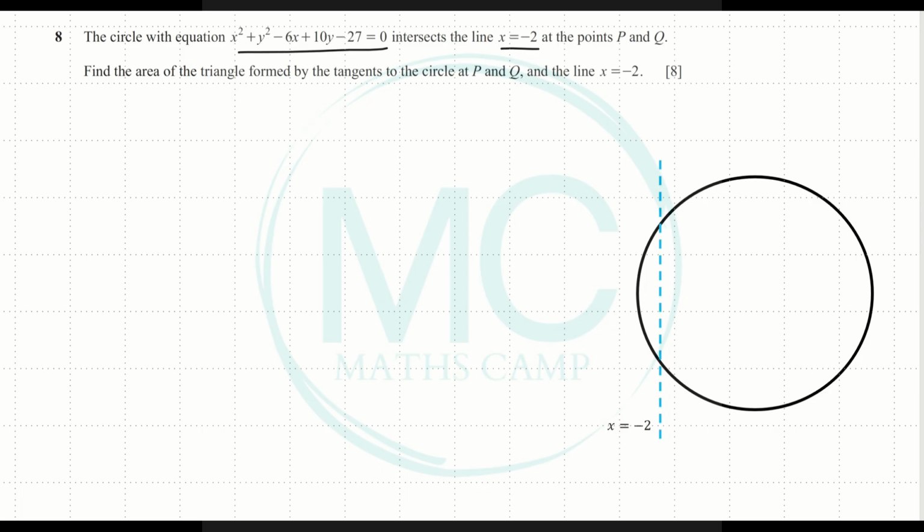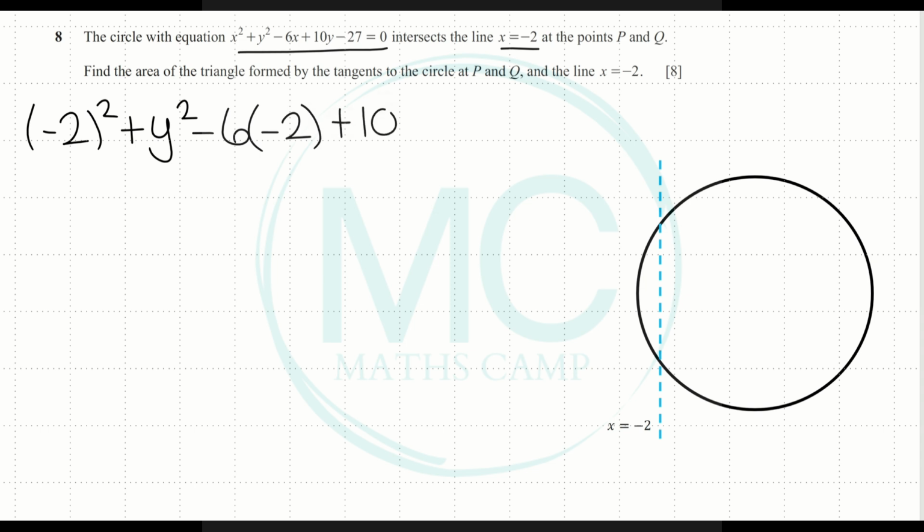And to do this, we can substitute negative 2 into the x values in the equation for the circle. So we can say negative 2 squared plus y squared minus 6 multiplied by negative 2 plus 10y minus 27 is equal to 0. Negative 2 squared is 4 plus y squared.